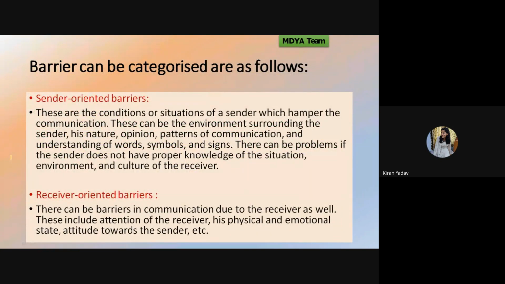After this, barriers can be categorized as follows: sender oriented barrier and receiver oriented barrier. So what do you think? What will be the sender oriented and receiver oriented barrier? What do you understand from these words?